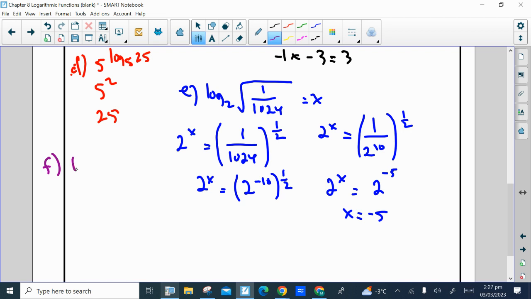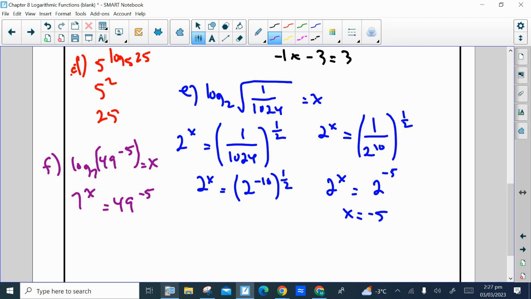Question F, we have log base 7 of 49 to the power negative 5. We want to know what that equals, so let's let it equal x. Right? When you convert from logarithmic to exponential, it will be 7 to the x equals 49 to the negative 5. The argument is 49 to the negative 5. That's what's been taken the log of.